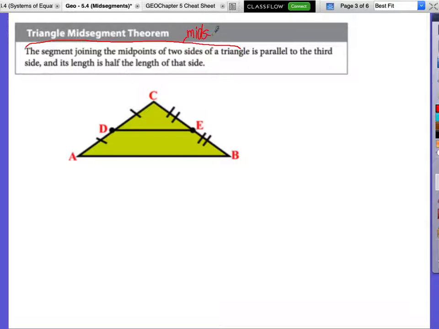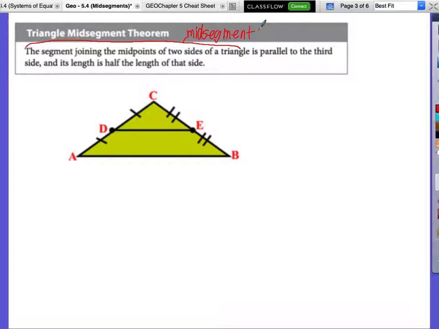So that's really just a long way of saying midsegment. The midsegment is parallel to the third side and half the length of that side.